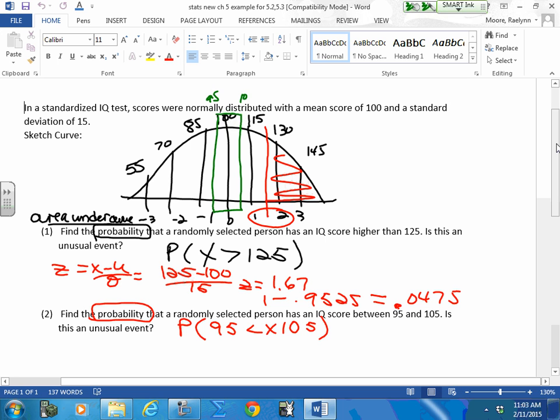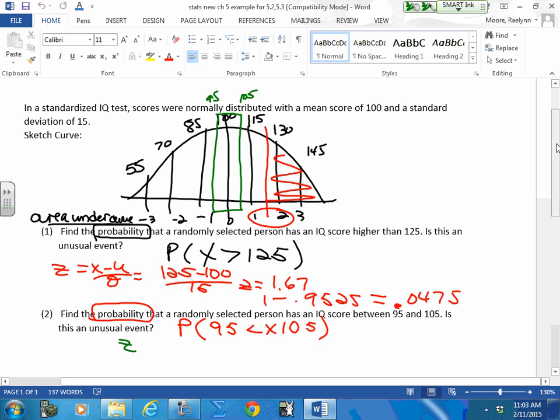If I went 5 down and 5 up, aren't I symmetric to the middle there? So shouldn't this z-score be a negative and this z-score be the positive? The same z-score? Do you see that in your curve? So do I really have to do this twice?